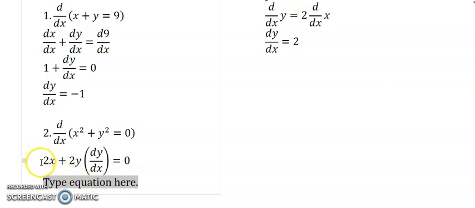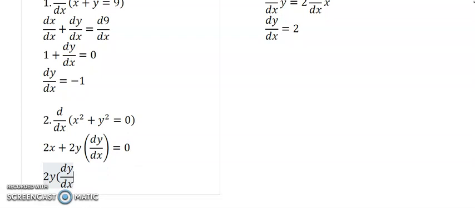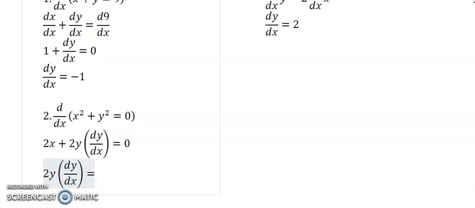You can take out the highest common factor of 2, or you can simply do it like this. 2y dy over dx is equal to, here we have positive 2x. Then if we bring that to the right hand side, we will have negative 2x.